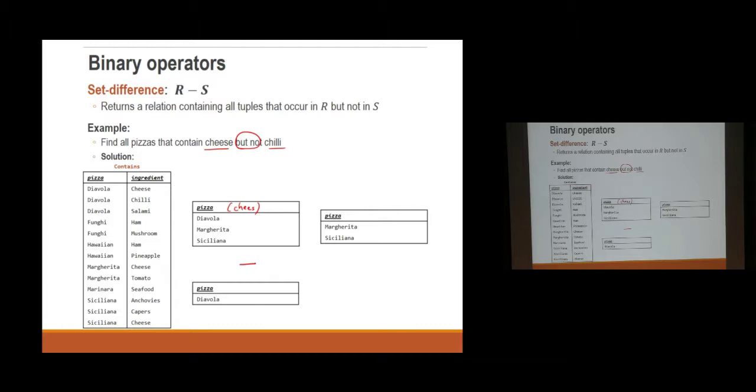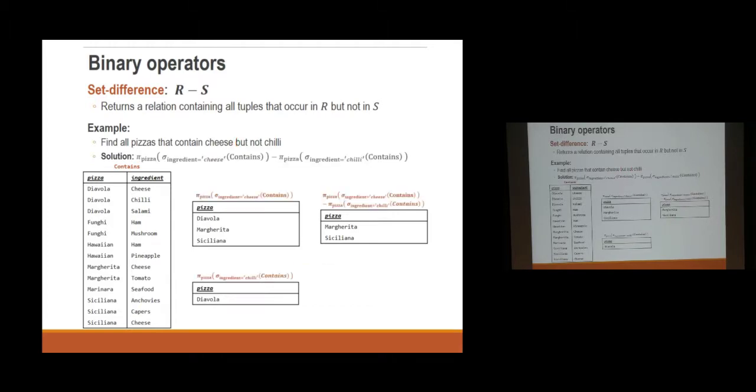You do a selection and then projection. This one is chili. You do selection on ingredients of chili, and then you do a projection. And then to get this, you do a set difference. Okay, so that's what you have. Any questions?